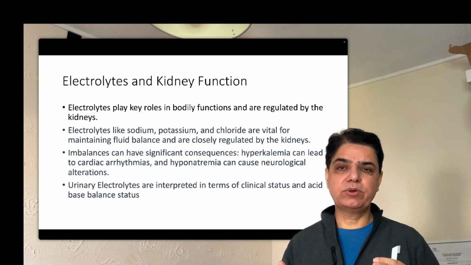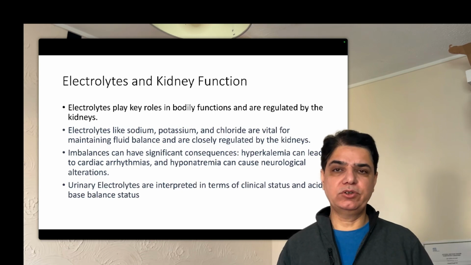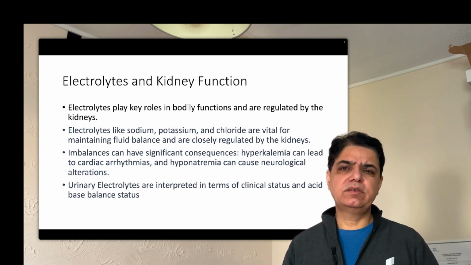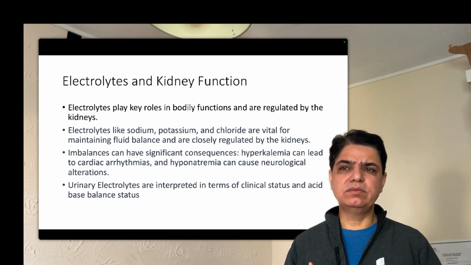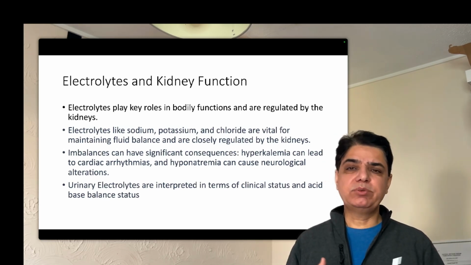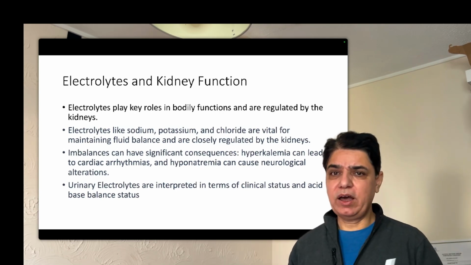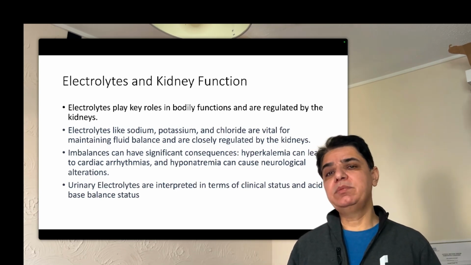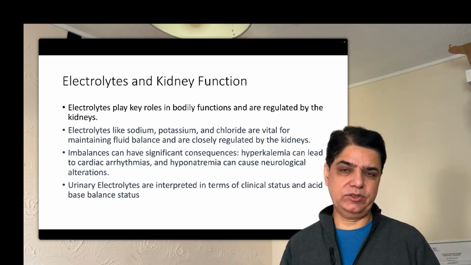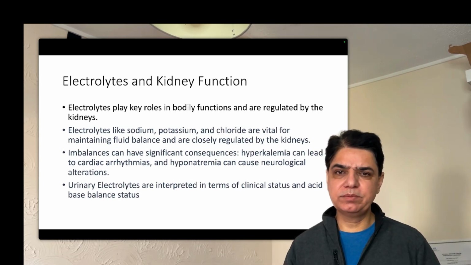If it is increased in the body, you should definitely think of renal failure, because renal failure is one thing that can send your potassium levels up, because potassium excretion solely depends on the kidneys. In certain cases where the kidney is too much damaged, the potassium level would increase in the blood, and we call it hyperkalemia. And hyperkalemia is very dangerous because it can cause arrhythmias, and the child can die because of arrhythmias.